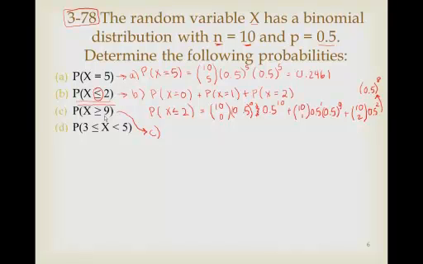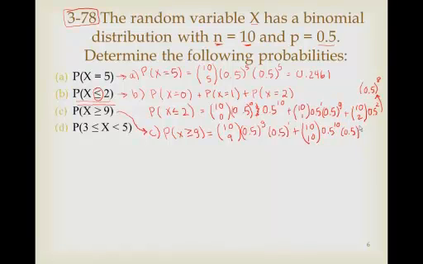So if it's 9 or greater, then the probability that x is greater than or equal to 9 is equal to 10 choose 9 times 0.5 to the 9 and 0.5 to the 1, plus 10 choose 10 times 0.5 to the 10th power and 0.5 to the 0 power.